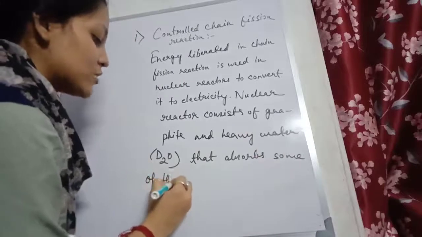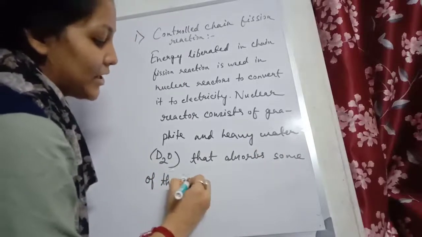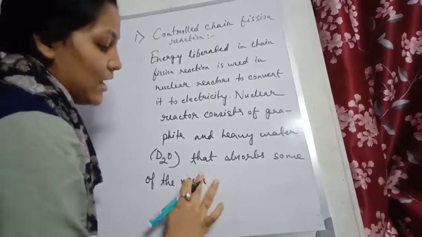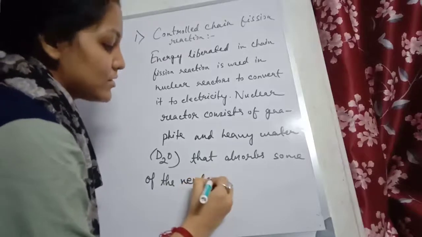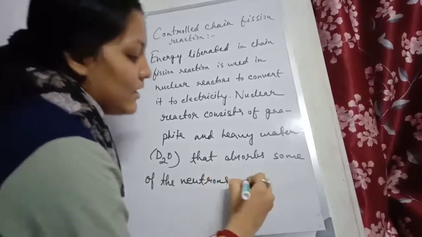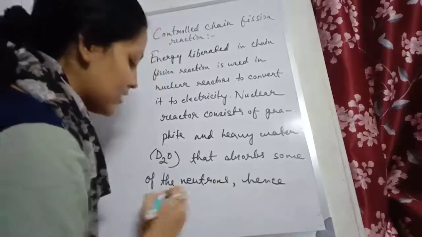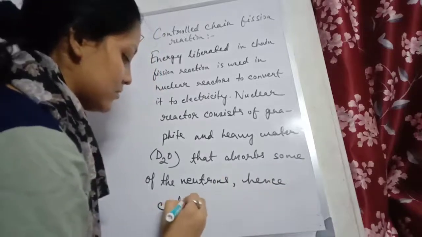Some of the neutrons means the neutrons that are liberated during the chain reaction. They absorb some of the neutrons, hence it controls it.